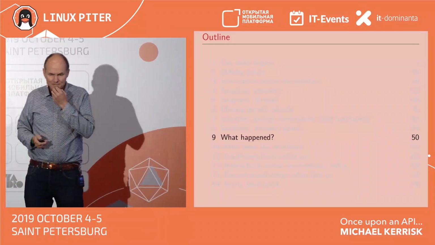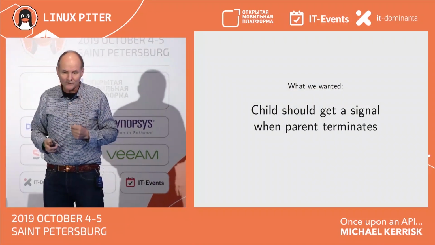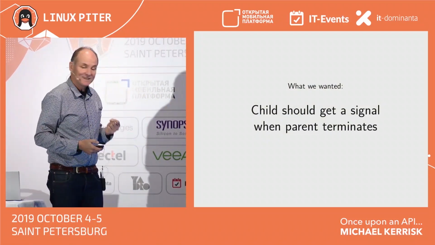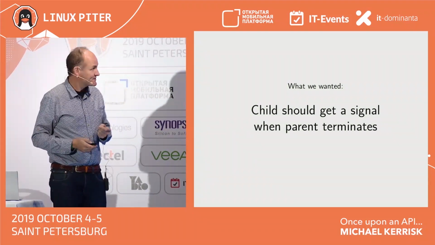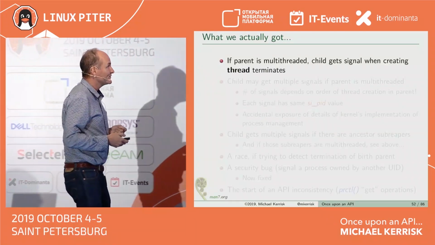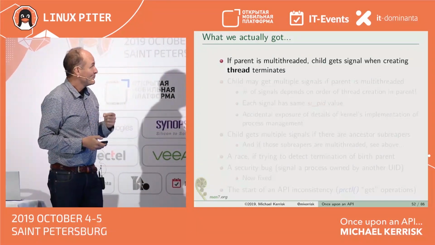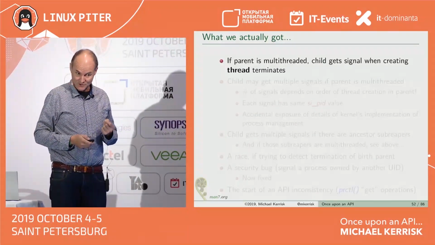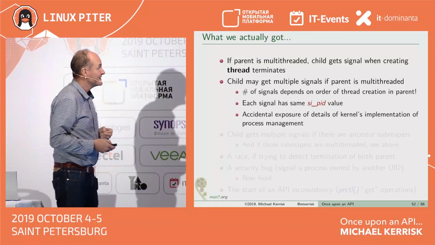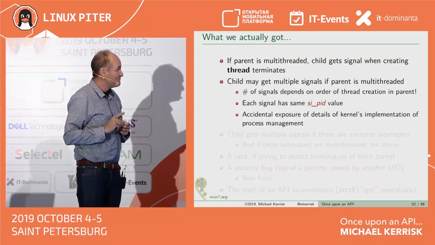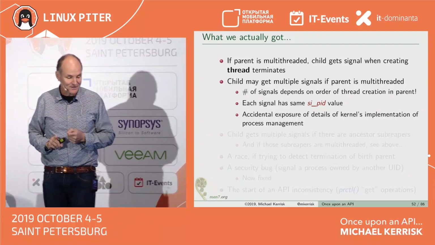So, what happened? What we wanted was the child process should get a signal when the parent terminates. What we got was this. If the parent is multi-threaded, the child gets a signal when the creating thread terminates, not when the process terminates. The child might get multiple signals if the parent is multi-threaded.